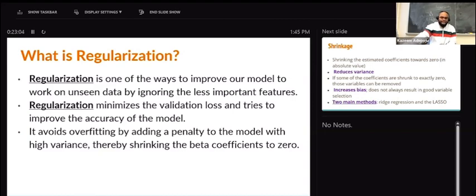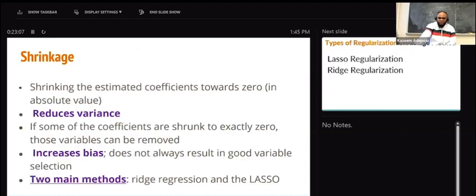Take a look at that. Now, when we talk about shrinkage, the idea behind shrinkage is to help us reduce the variance and in a way increase bias. Let me tell you something.